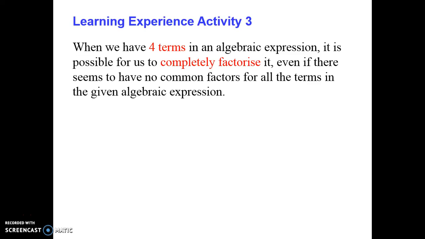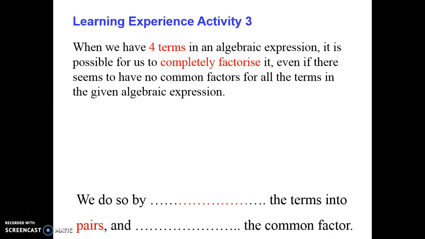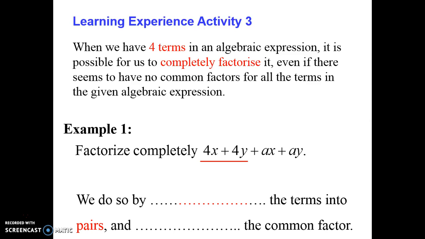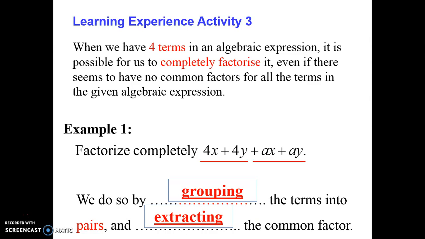In Learning Experience Activity 3, when we have four terms in an algebraic expression, it is possible for us to completely factorize it even if there seems to be no common factors for all the terms at first. We can do so by grouping the terms into pairs and extracting out the common factors.